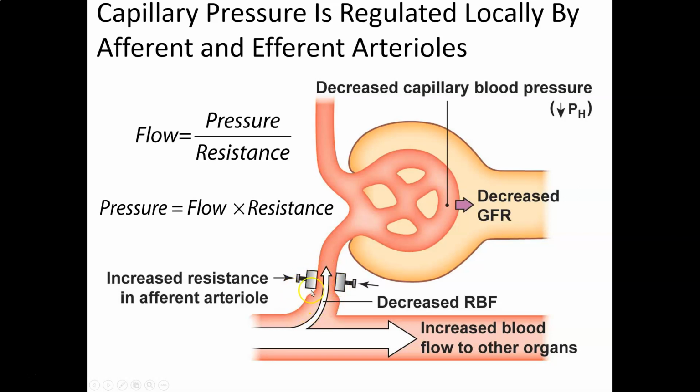Now, if I increase the resistance to my afferent arteriole by decreasing the diameter, that means I'm going to have less fluid going and being potentially filtered through the glomerulus. So that effectively increases my blood volume to other organs because less is going to the kidney, more is going to other organs. In addition, that's going to decrease GFR because I have less fluid here to be filtered. And what that's going to essentially do then is retain water.